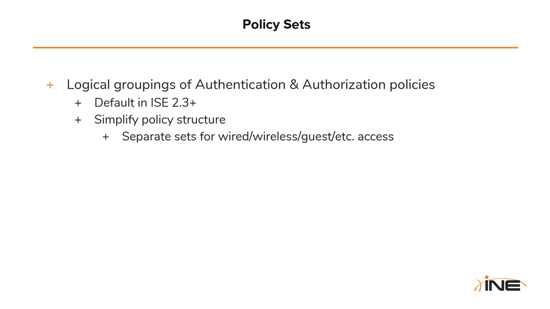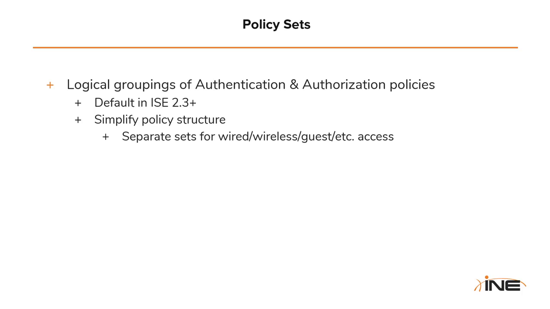And the more complex it was to troubleshoot the system when something was going wrong. With policy sets, you can come up with multiple authentication and authorization policies, each tailored to a certain purpose, such as type of access, wired, wireless, guest, maybe location of the devices involved in the communication, and so on.